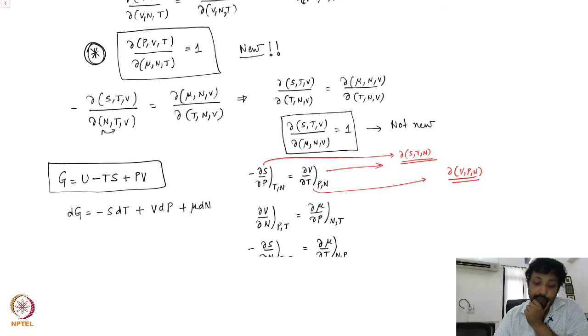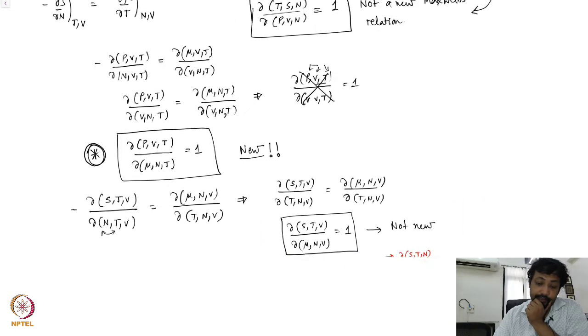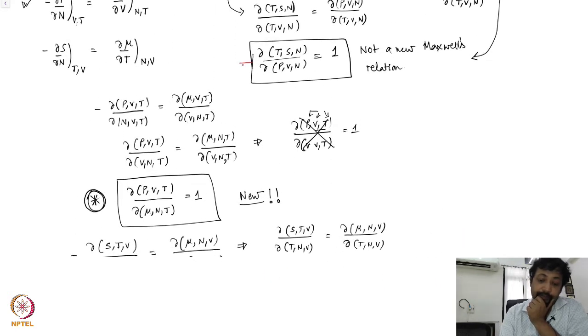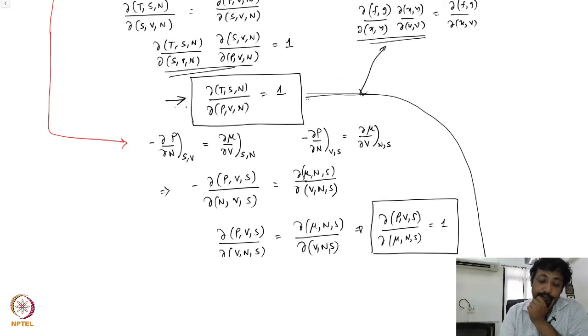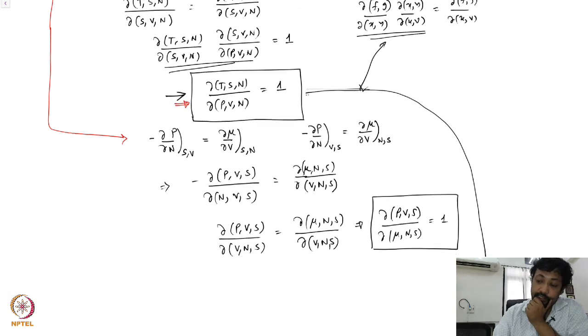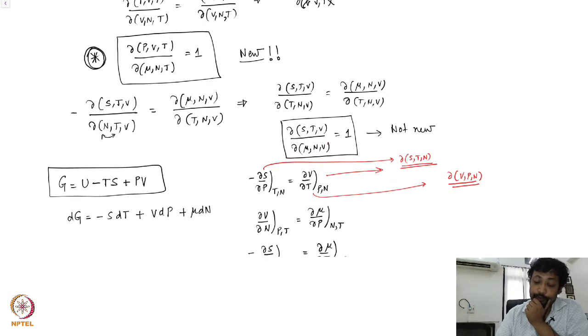Have we derived that? Here, and again over here. So clearly, whenever you write it down in the form of a Jacobian, this will not give you a new Maxwell relation.